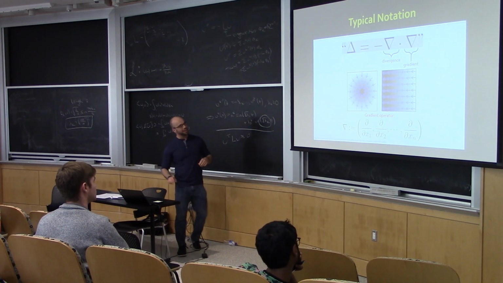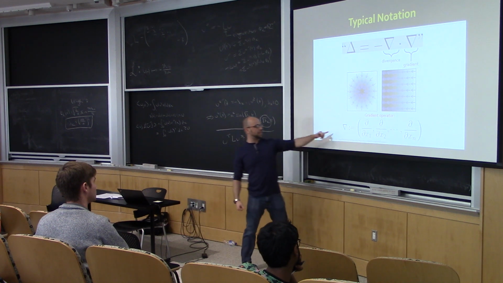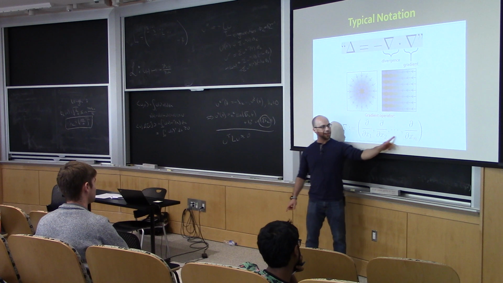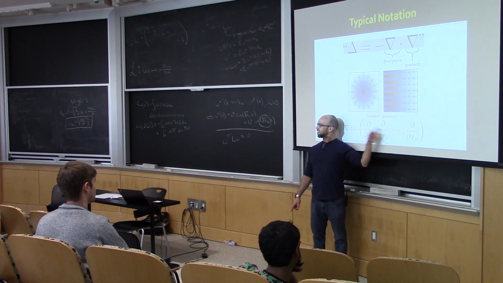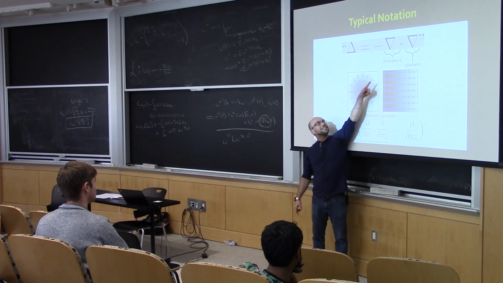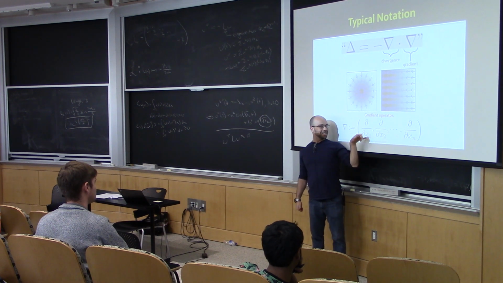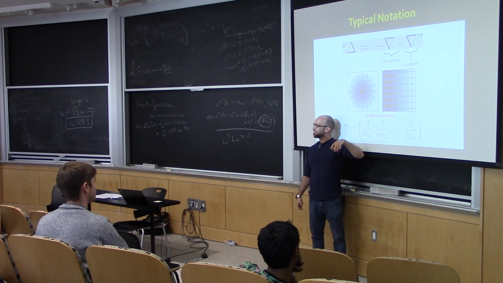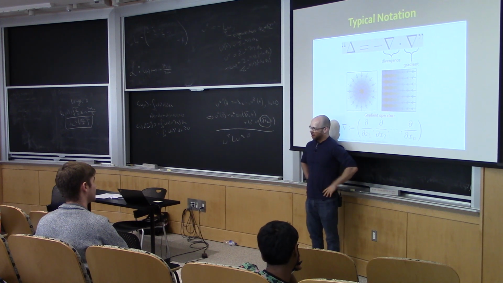This thing is an operator, but I can think of it like a vector that contains a bunch of operators that take the partial derivative in different directions. So this dot product is secretly the sum of d over dx1 squared, the second derivative in the first direction, the second derivative in the second, and so on. So this is just a notational trick.